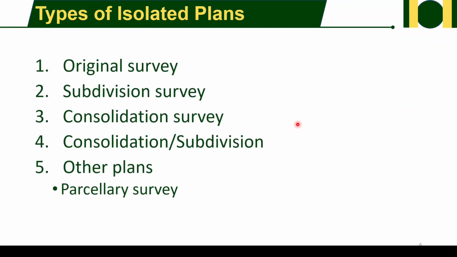There are several types of isolated plans. One is original survey. Second is subdivision survey, which is what we are going to prepare. Third is consolidation survey, a survey wherein a GE is consolidating two or more cadastral lots.